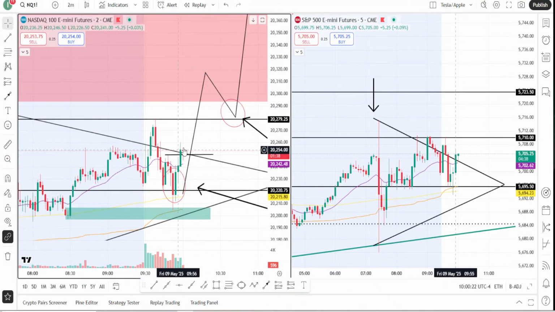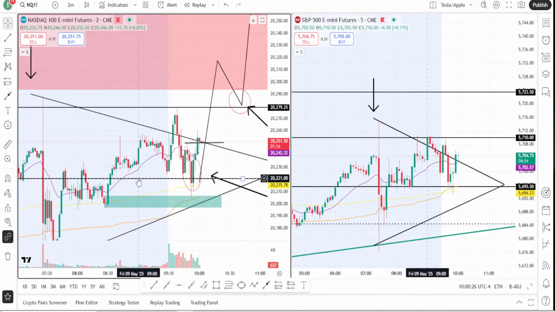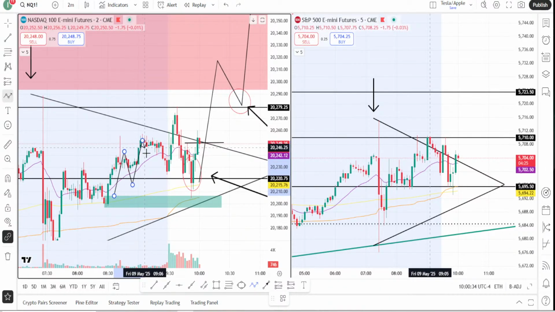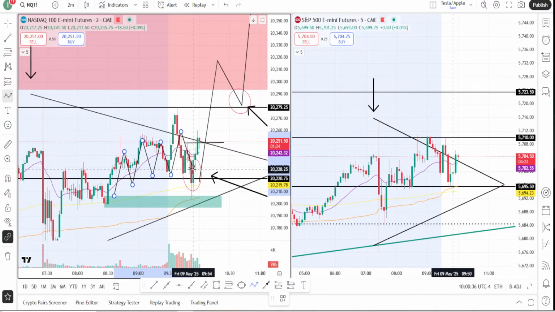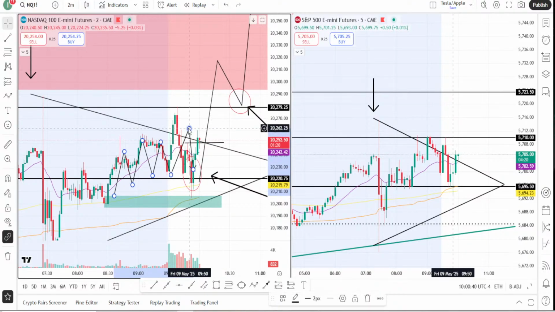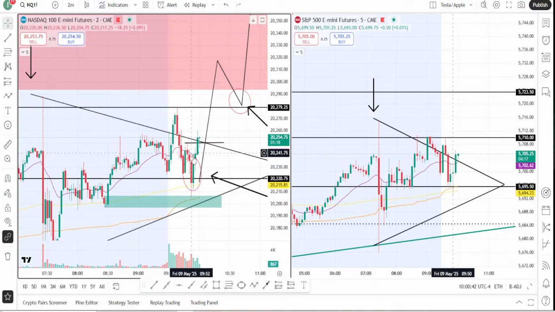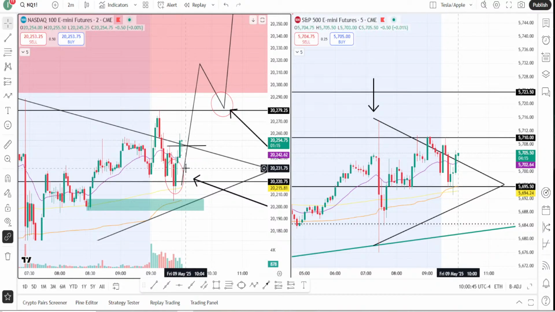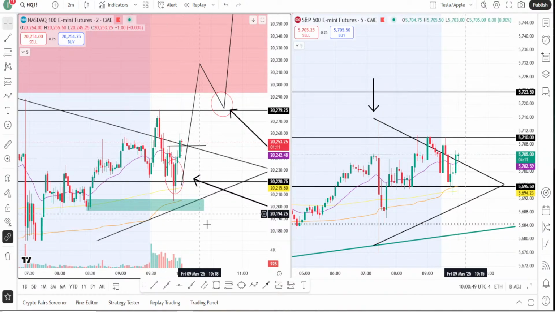I would hate to see a close below the 21 again. I want to see us hold above. Notice how the 21 EMA, this purple line here, we've just been crossing it over and over, above and below, above and below, above and below. Right? We don't have a clear trend yet. So if I'm on calls here, if I'm on buys here, I want to see us stay above the 21.